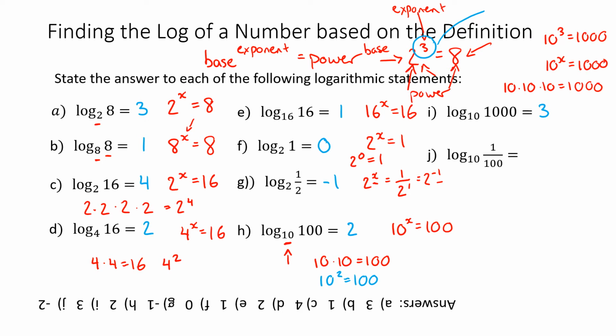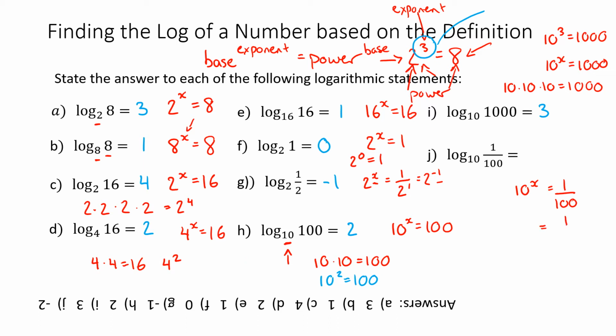Our final solution, okay, log of 1 divided by 100, the base is 10. Remember, we have 10 to the exponent x is equal to 1 divided by 100. Now remember back from question H. 10 squared is equal to 100.